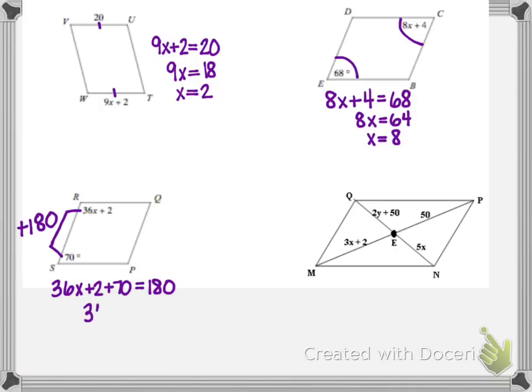So I will go ahead and combine like terms. So I'll have 36x plus 72 equals 180. Then we'll subtract 72 and get that 36x equals 108. Then we'll divide by 36, and x will equal 3.